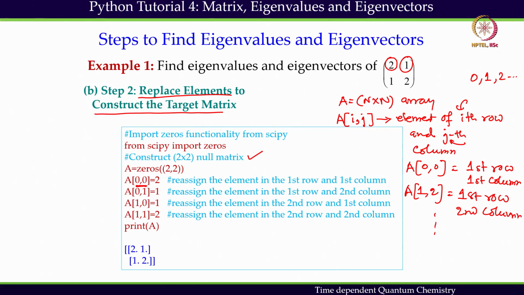So, what we are doing here is that first we have constructed the 0 matrix, null matrix, and then individual elements are reassigned now. So, A00 is corresponding to the first row first column. A01 is the first row, and sorry, this is A1 2, it means it is going to be second row and third column.